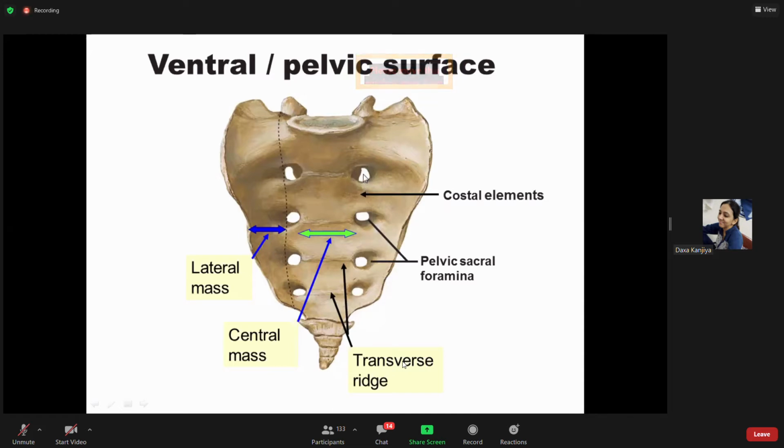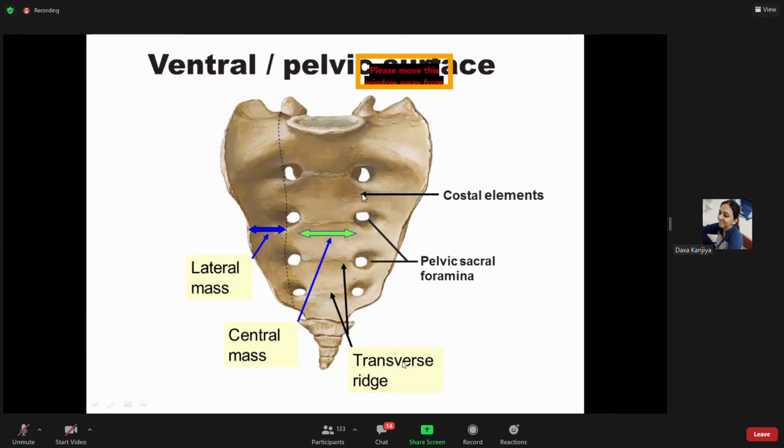Now, the portion of the bone between the two pelvic sacral foramina is formed from the costal elements. Again, you will learn in detail in embryology. So these are nothing but the remnants of the costal elements.